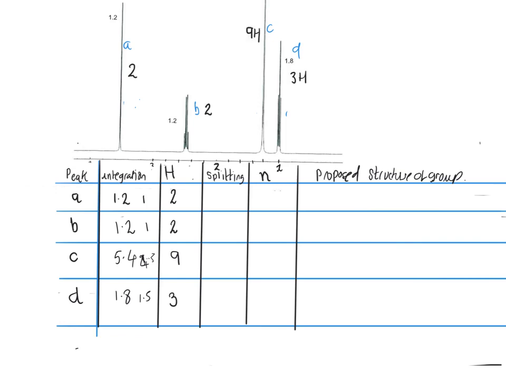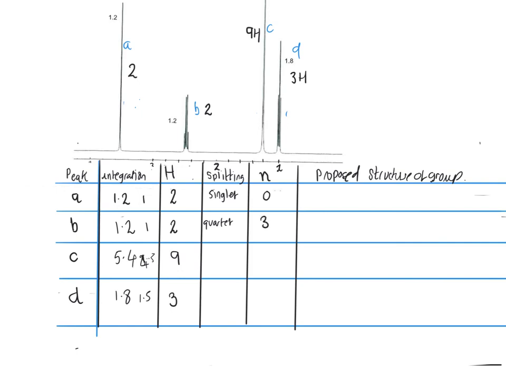Let's now look at the splitting patterns. A has not split at all, so that's a singlet, and therefore it has no nearest neighbours. If we look at B, it's split into a quartet, so I'm going to write quartet, and that means it has 3 nearest neighbours.